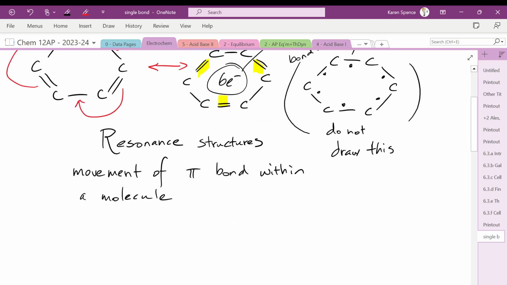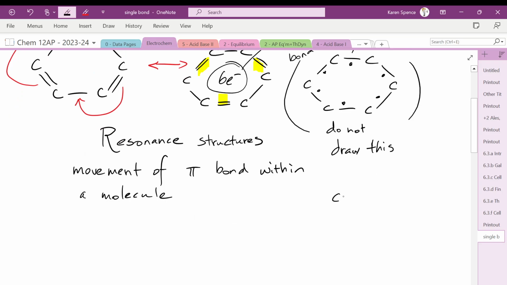How would we draw it? Yes? We draw a dotted line, okay?